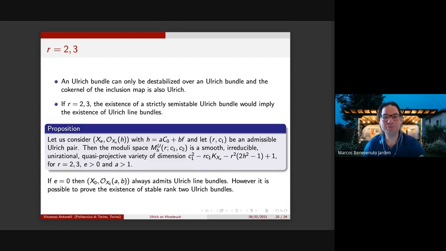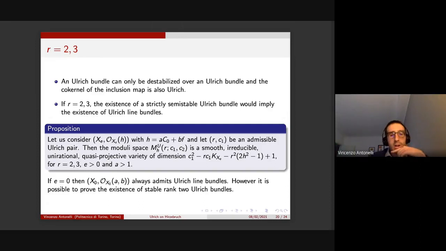Do you know what happens in the boundary, so to speak? Are there things that are not locally free? Is there such a thing as a non-locally free Ulrich sheaf? Non locally free, no, because as soon as you consider an Ulrich sheaf, in this case over a smooth surface, it will be automatically locally free.